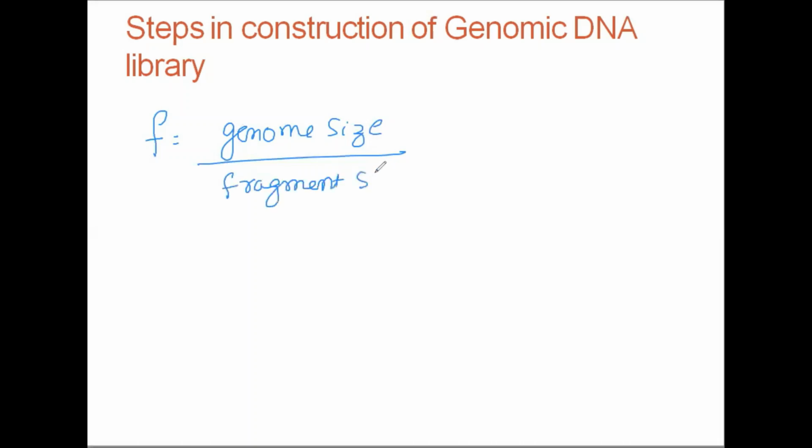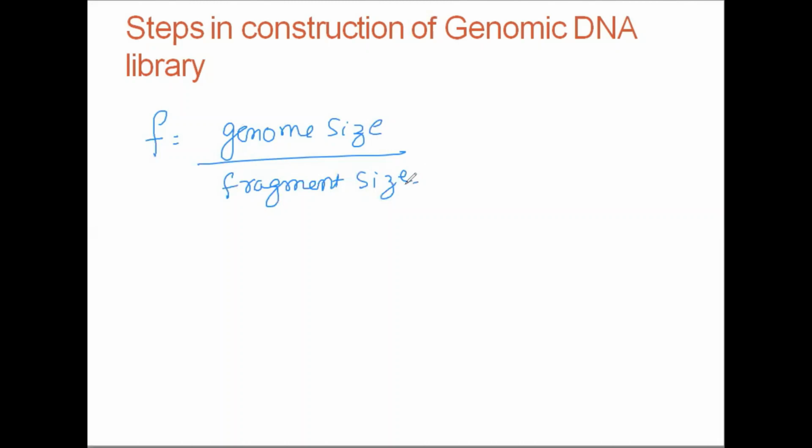Now you get a particular clone. So the number of clones to be pooled depends on the size of the DNA or the genome. So we can find it. How? Whenever you want to find the number of clones required for a library, that is F, it will be equal to the genome size, that is the total size of the genome, divided by the fragment size that you get after cloning.